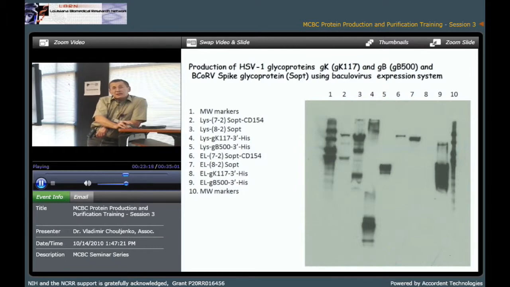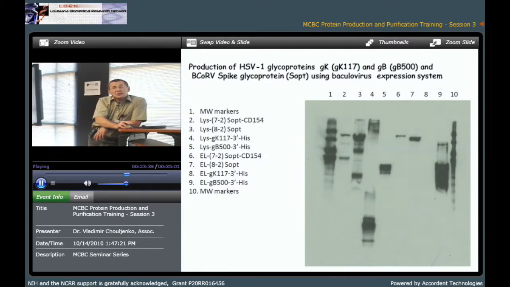Level of expression is great, but if you look, the left part is before purification, and the right part is after. For GB, you have very nice enrichment, and you have very nice and clean protein after binding with specific resin.